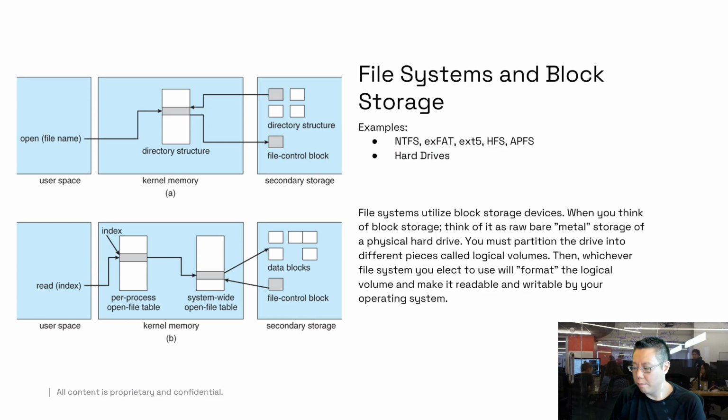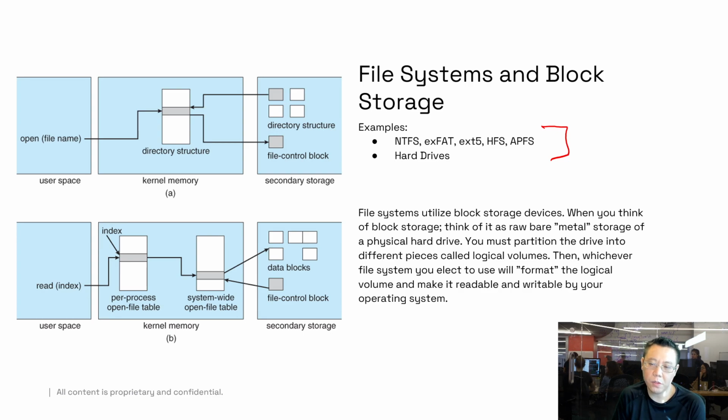In tandem with that, we have what are called file systems. File systems are an essential part of an operating system itself. Remember that operating systems include applications, file systems, kernels, device drivers, and many different components that make up an entire operating system of choice. Some examples of file systems include NTFS, exFAT, ext5, HFS, and APFS.